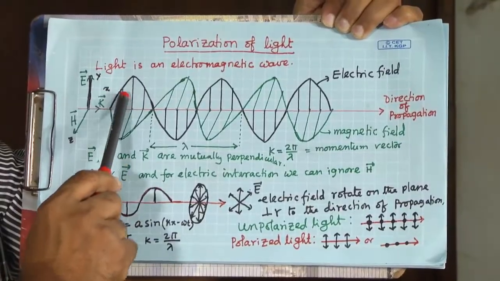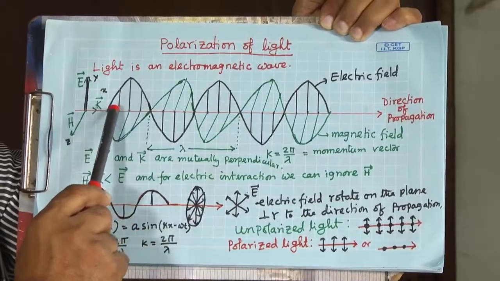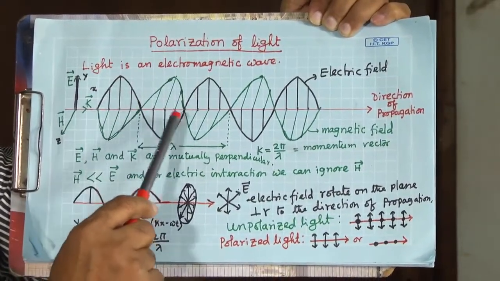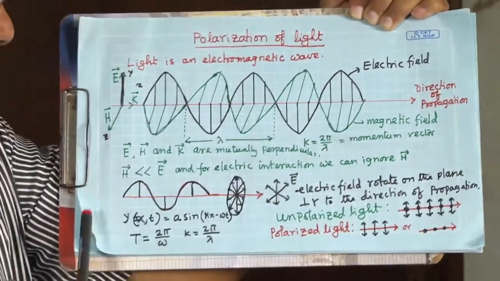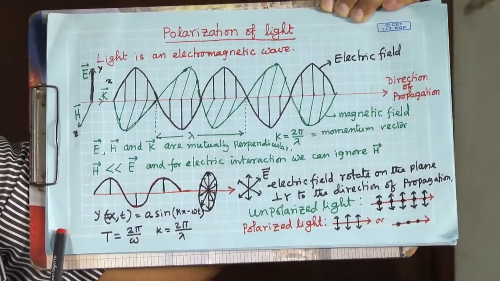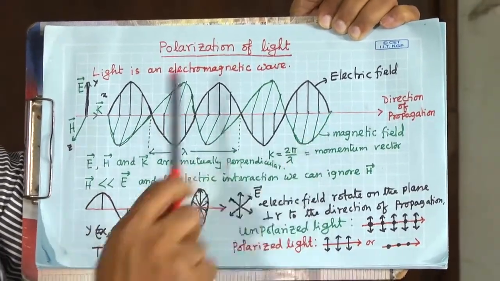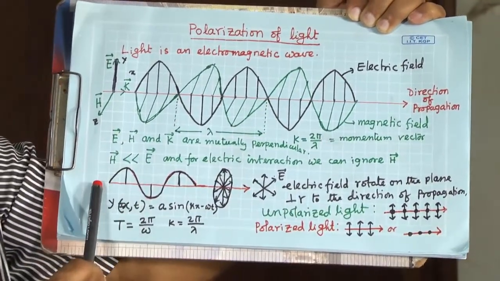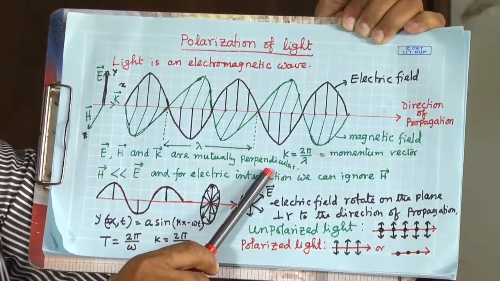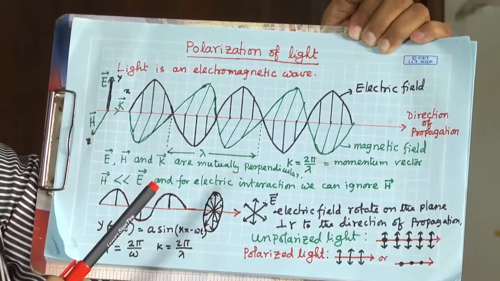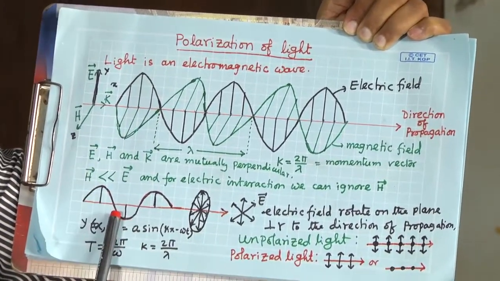Its amplitude is varying like a wave, right. And the magnetic component is also varying like a wave, right. Now, the strength of this magnetic component is very weak compared to the electric component, okay.